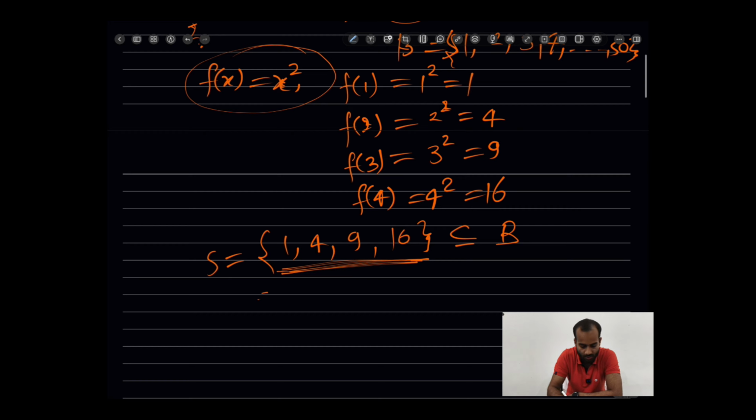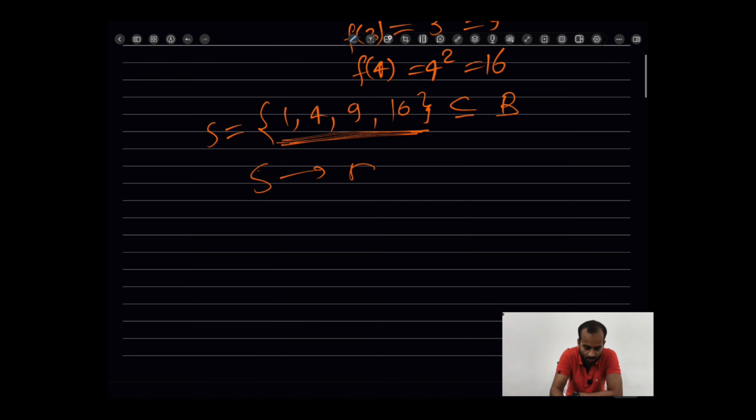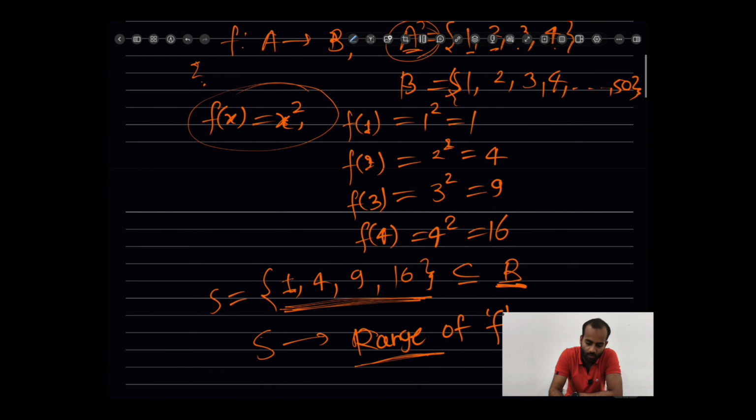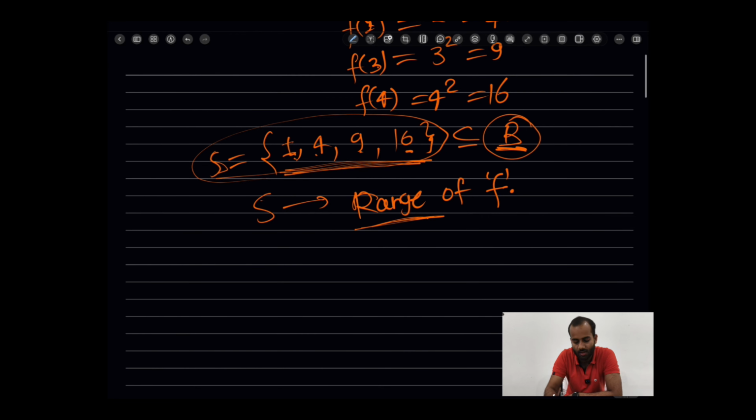So this set S is called range of this function f, because in this set only those elements of B are written which are images of elements in the domain, which is A. So 1, 2, 3, 4 are elements of the set A, and 1, 4, 9, 16 are the elements of the set B. So this set S is called range of this function f.